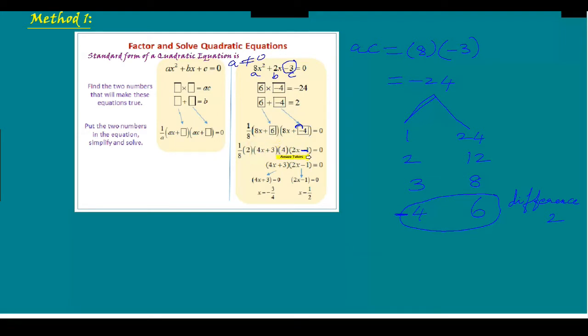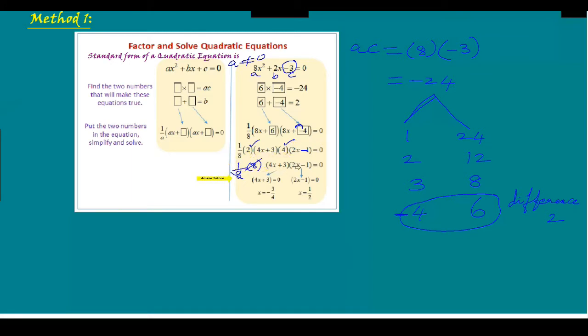And the remaining terms are 2x minus 1 equal to 0. Now multiply the two coefficients. 2 4s are 8. That is why those 8s got cancelled, one in the denominator, one in the numerator. So there is no 8 in the next step. 2 4s are 8. 8 divided by 8 is 1.